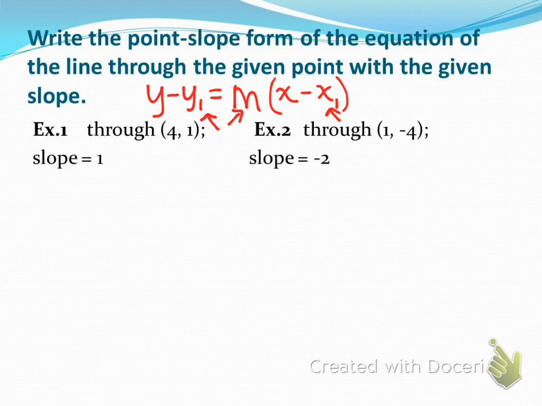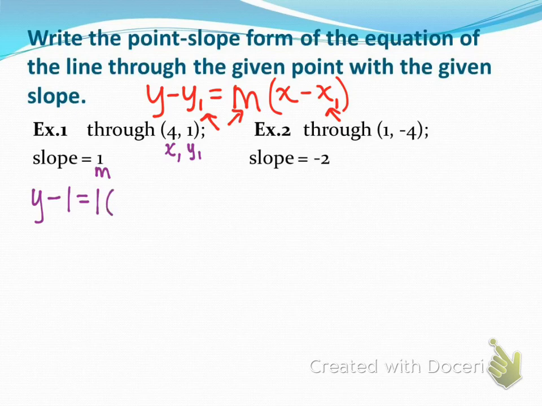All right, with our coordinate, it might help to label it. 4 is going to get plugged in for what? An x. So 4 is going to go in technically for our x1. And then that means the 1 back here is our y1. And slope is always our m. So then all we have to do is plug those things in. The y that's out in the very front of that formula stays y, minus y1 is 1, equals m is also 1.